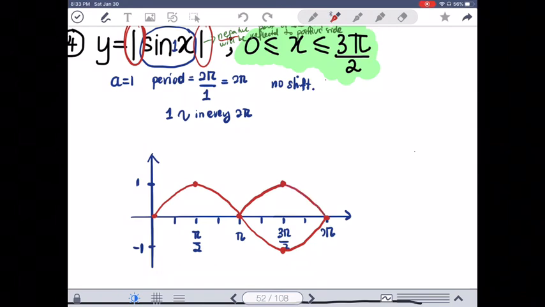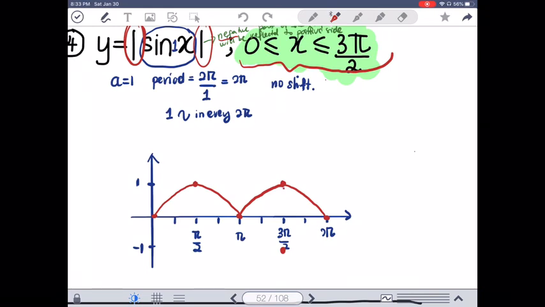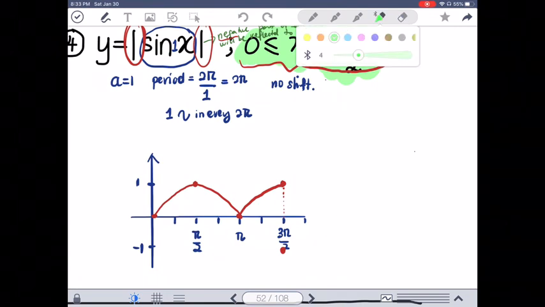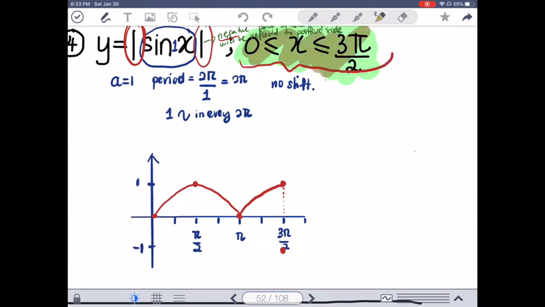But if you look at the range required, they require us to draw from 0 until 3 pi over 2, which means that we need to stop at 3 pi over 2. So we need to erase the right hand side of the final part there, because the range required is from 0 until 3 pi over 2 only.